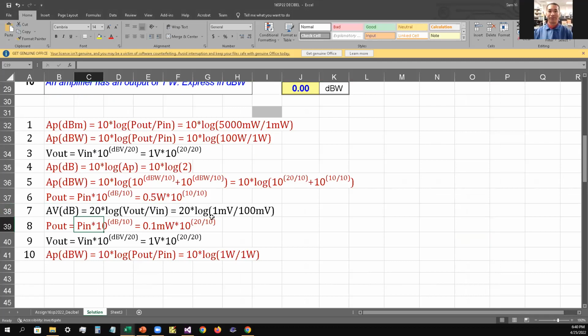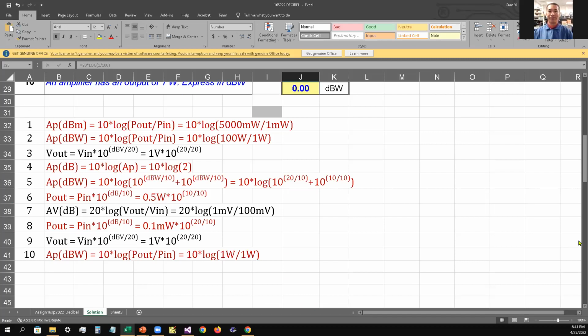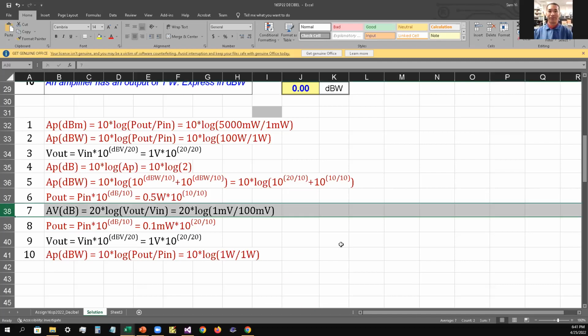So 20 times log of open parentheses 1 millivolt divided by 100 millivolts, and you do that calculation. That should come to about -40 dB. So there's a formula that applies to it.